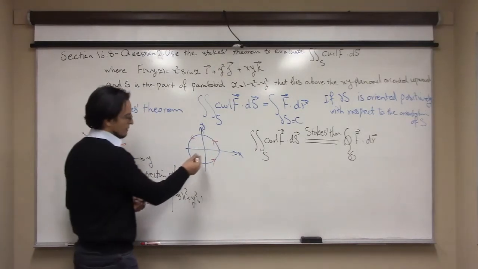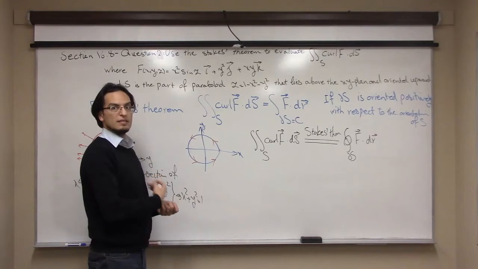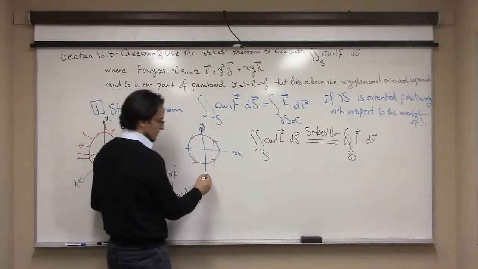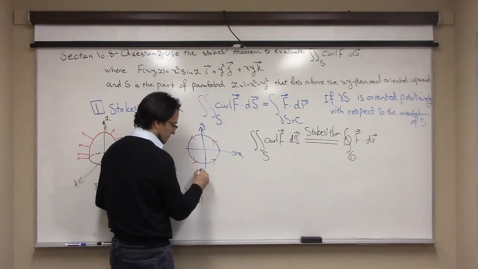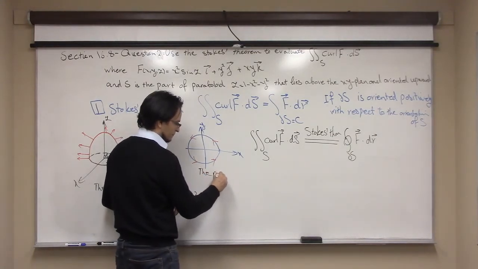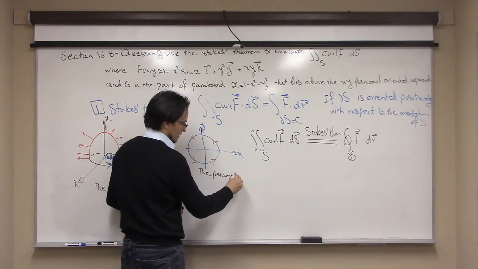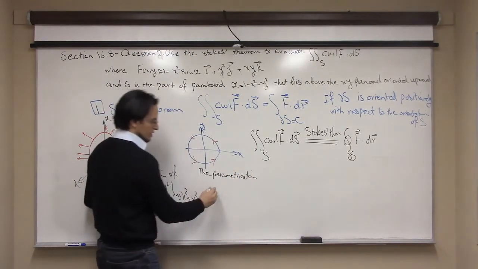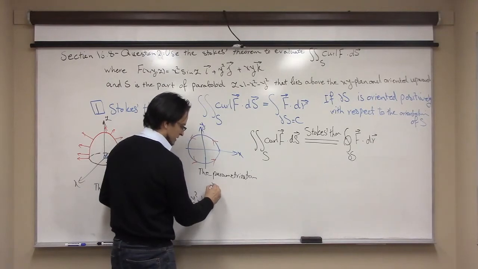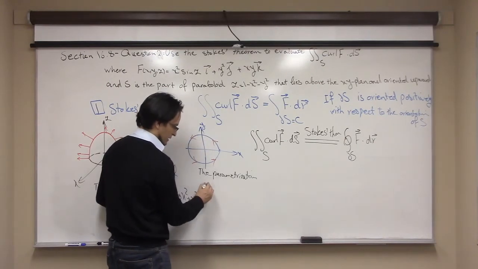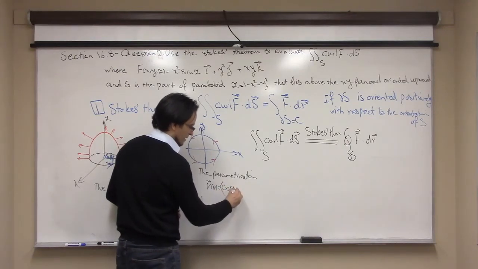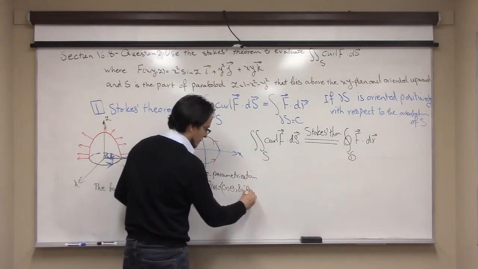As you can see here, my curve is a circle, and it is counterclockwise, and we know that the parameterization for such a curve with that orientation is given by r(theta) equals cosine theta, sine theta.